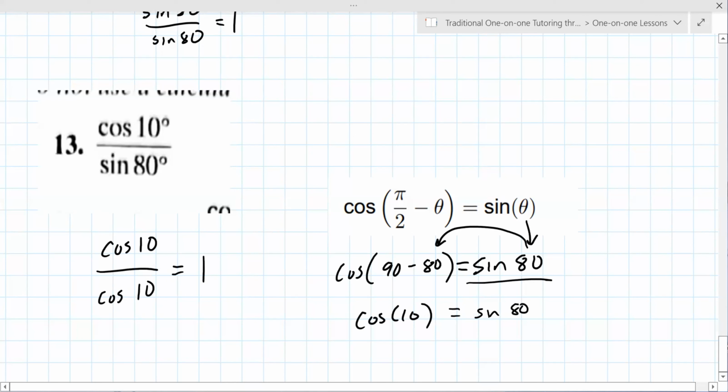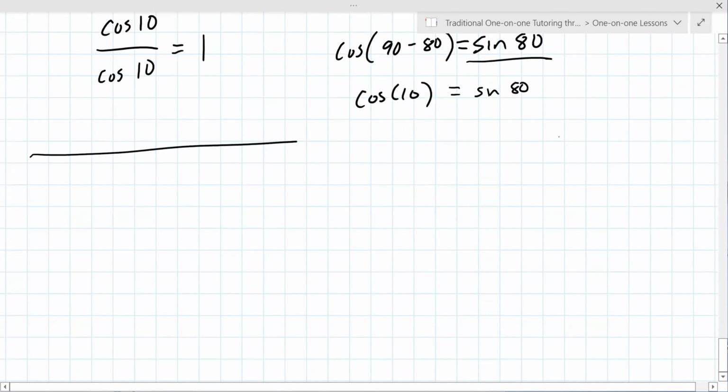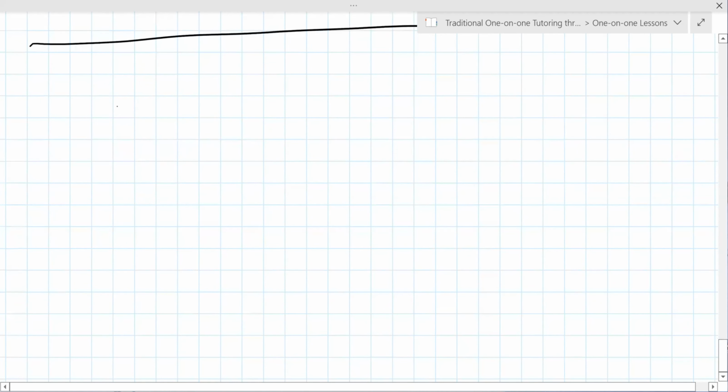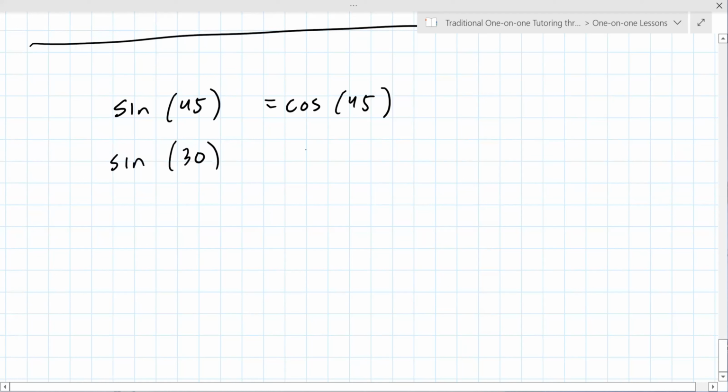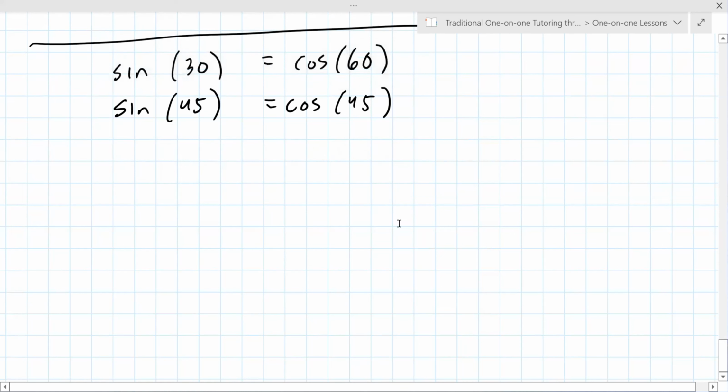I see. So this is not very helpful. Maybe the way to really introduce this is to say, you already know that the sine of 45 degrees is the cosine of 45 degrees. And if you look on your unit circle, the sine of 30 is the cosine of 60. If it isn't clear, you can go look.